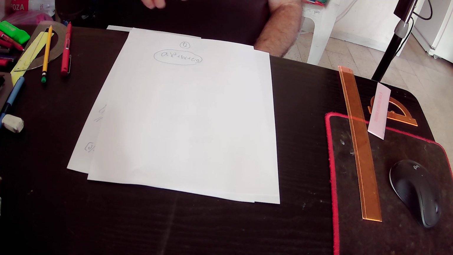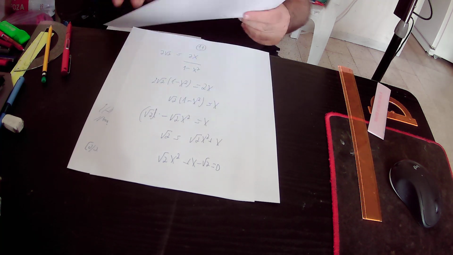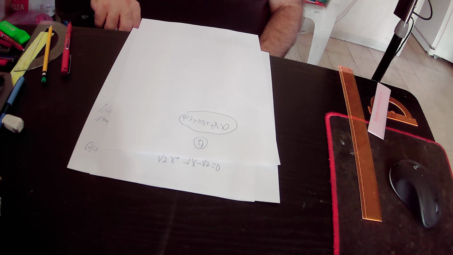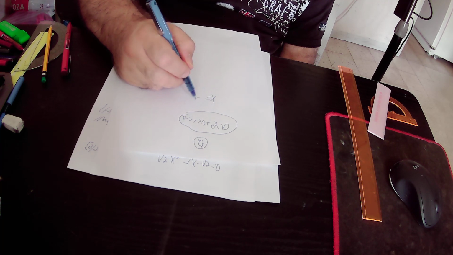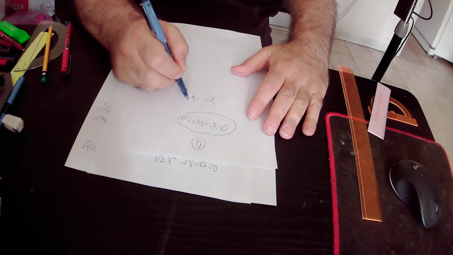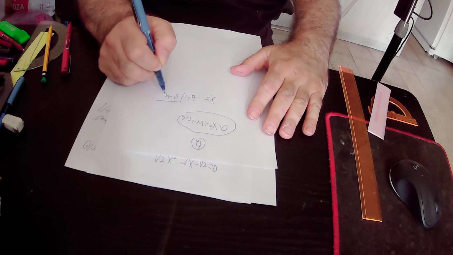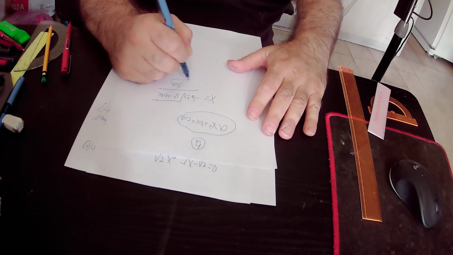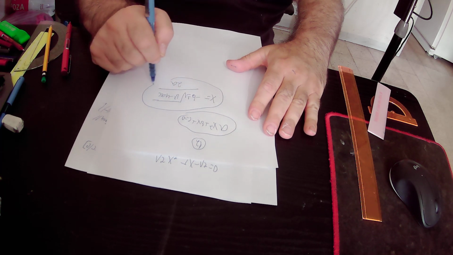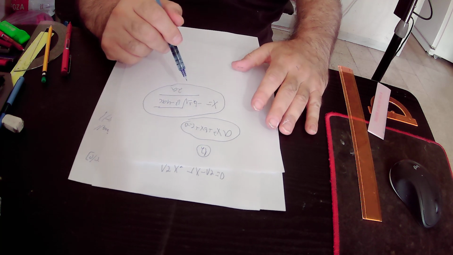And in order to find out the value of x, we have a special formula that we will use. The solution for x is x equals minus b plus minus root of b squared minus 4 times a times c over 2a, where a, b, and c are the coefficients of this quadratic equation, and x is the value that we want to find out.